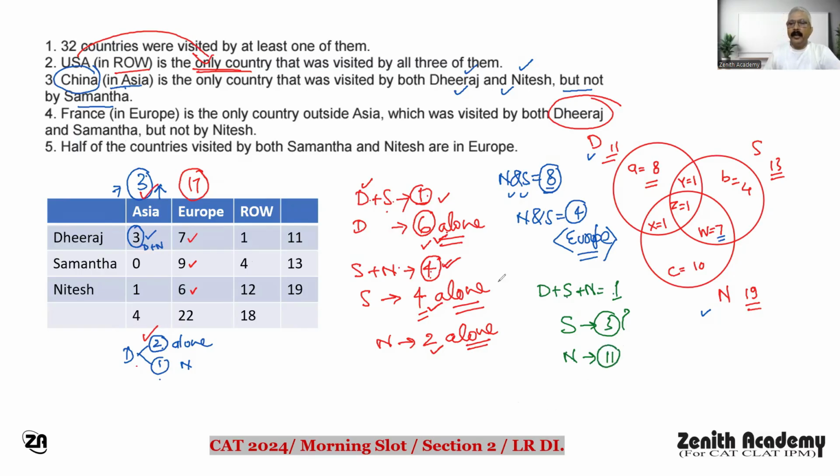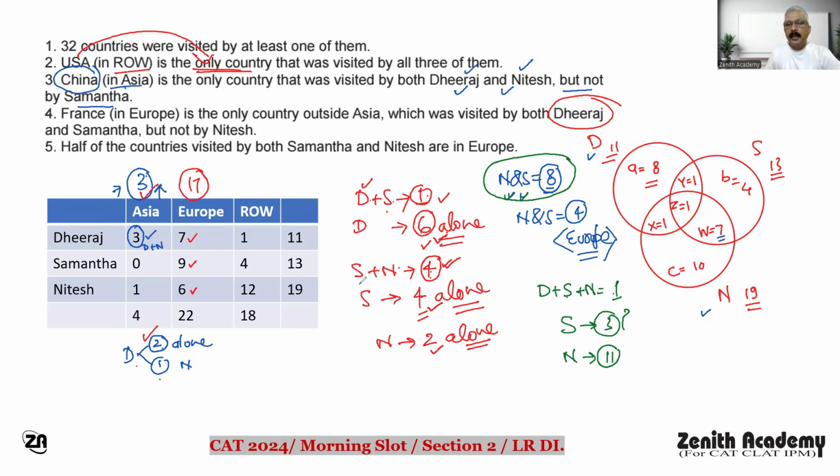Look here. As we said, Nitesh and Samantha visited a total of 8 countries together. And among them, 7 countries where only Nitesh and Samantha visited. There are 7 countries where they visited together.